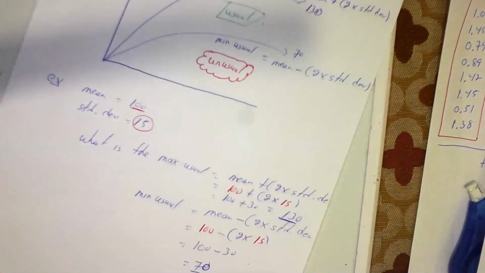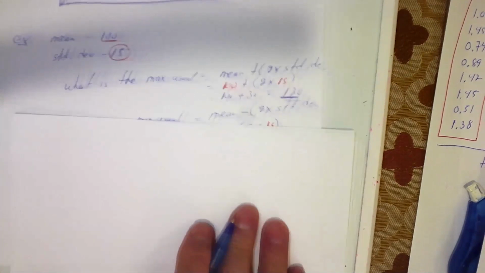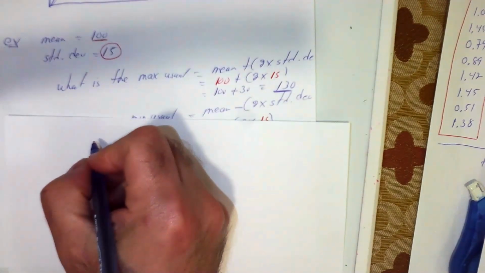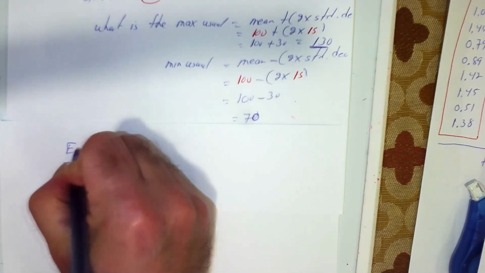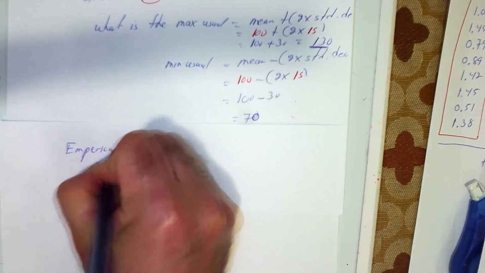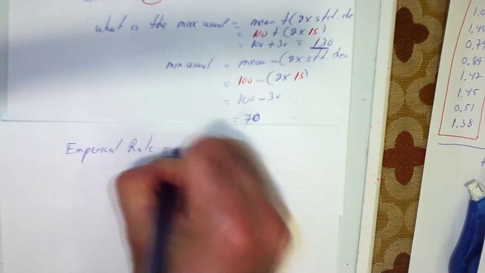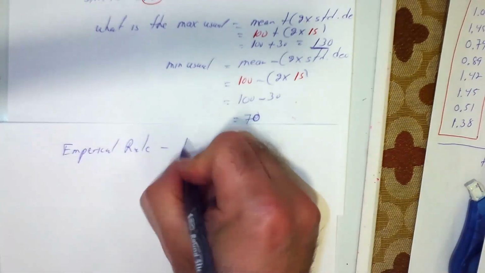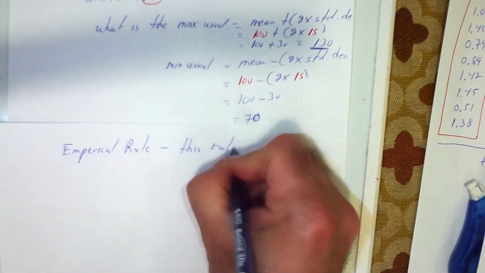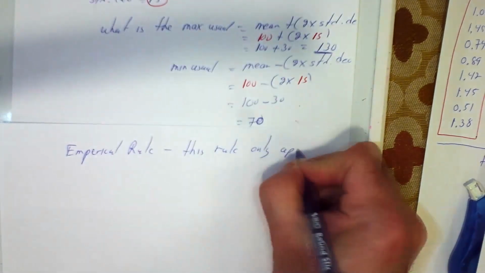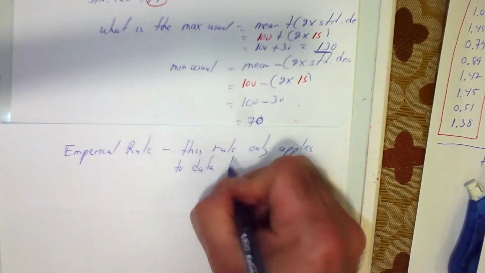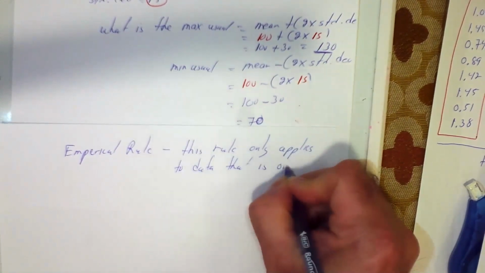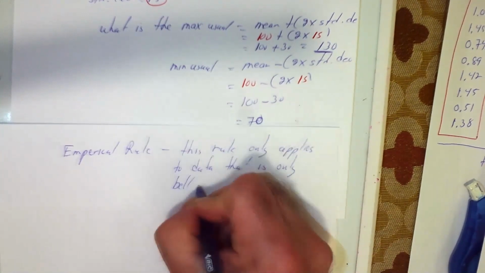It is specifically for data that is bell-shaped, okay? This rule only applies to data that is bell-shaped.